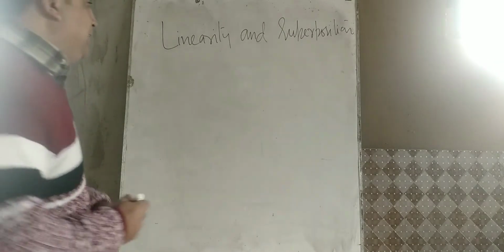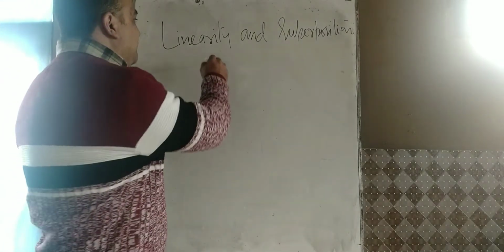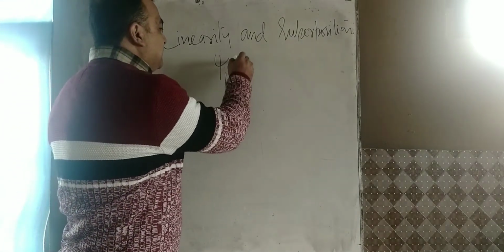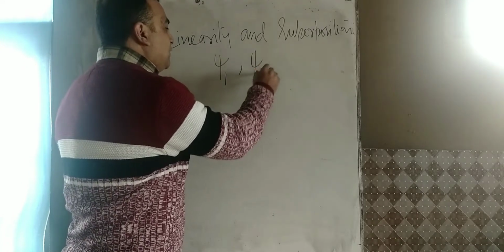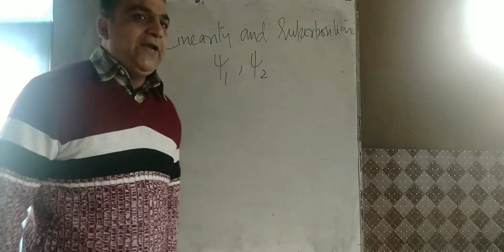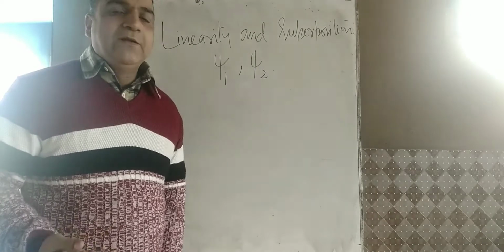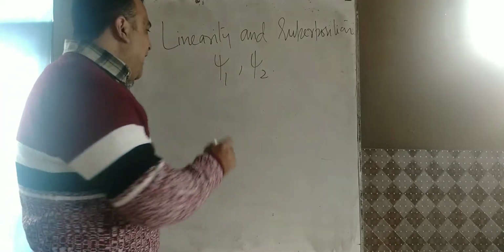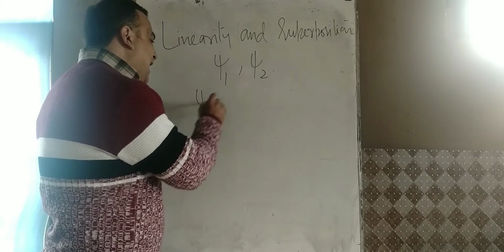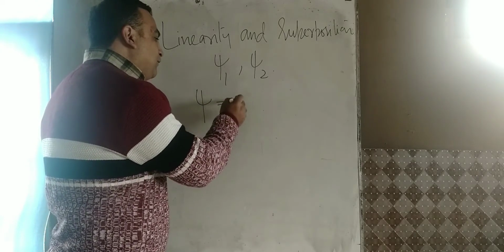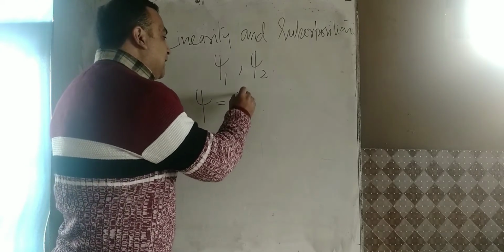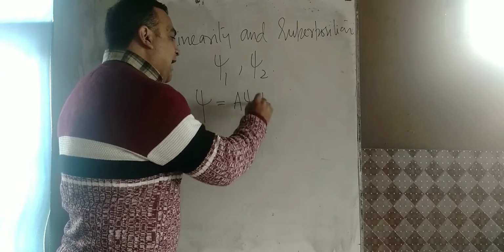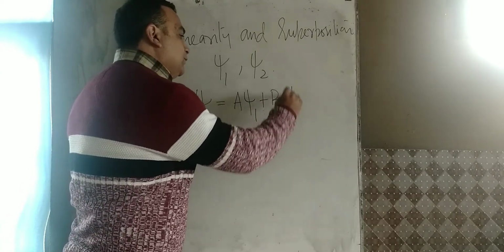So what does that mean? Suppose psi1 and psi2 are the two solutions that we obtain by solving Schrodinger's wave equation. And we can have psi as a combination of this psi1 and psi2.